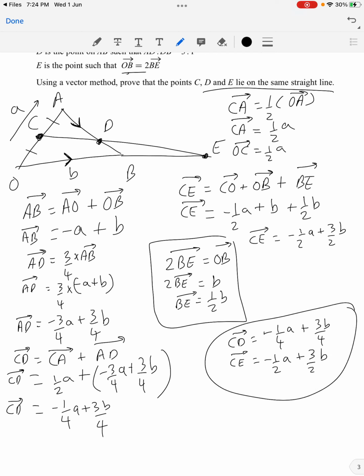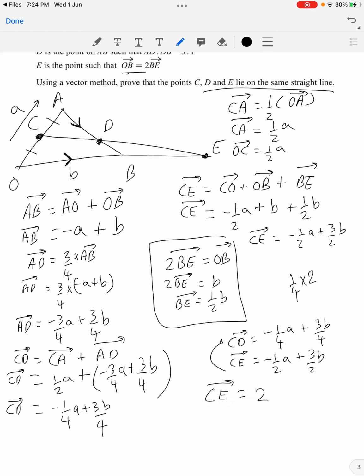Can you guys see any comparison here? We can clearly see that CE is twice of CD.